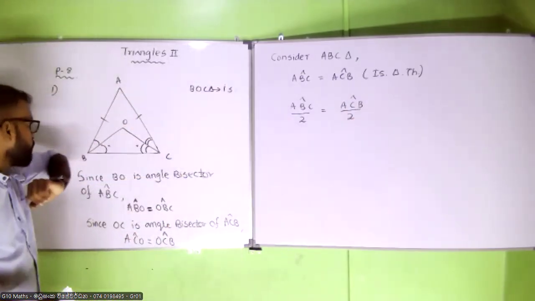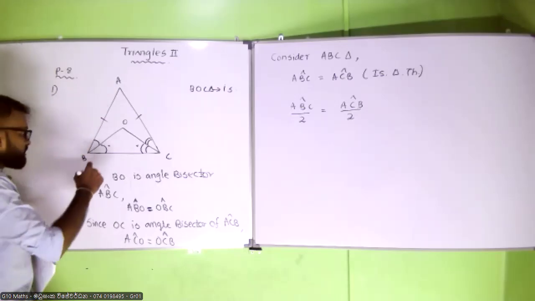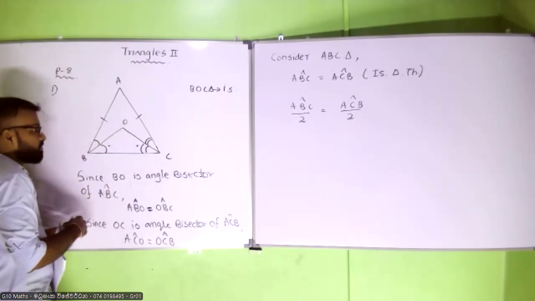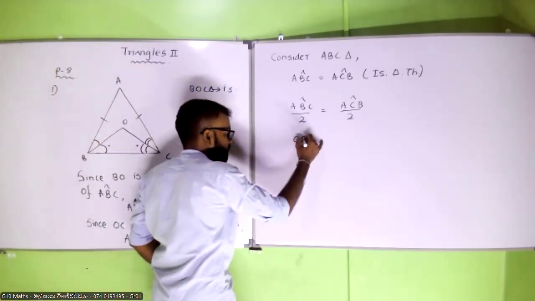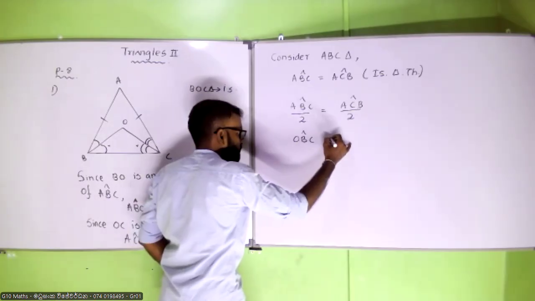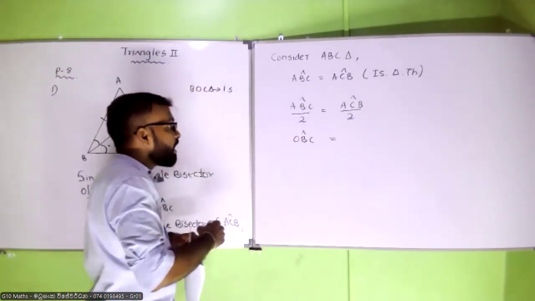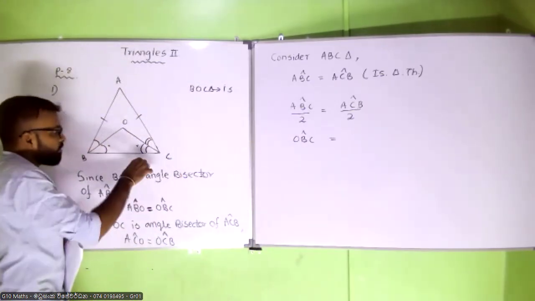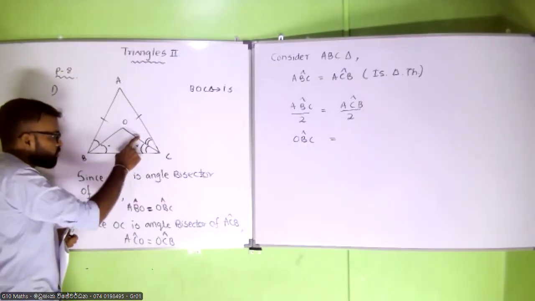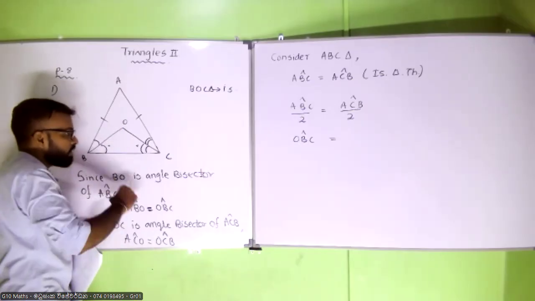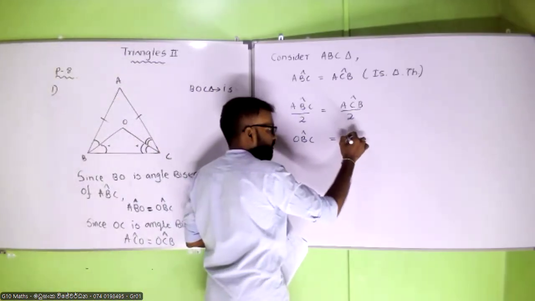Angle ABC divided by 2, I can write as OBC. Angle ACB divided by 2, since these two are equal, I can write as OCB.